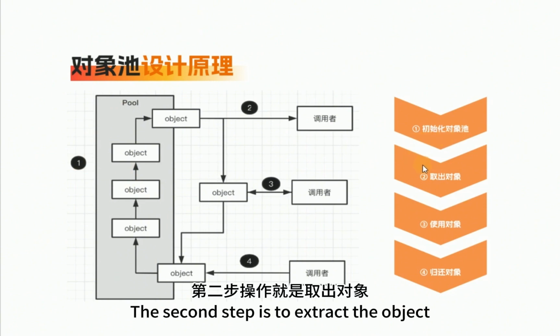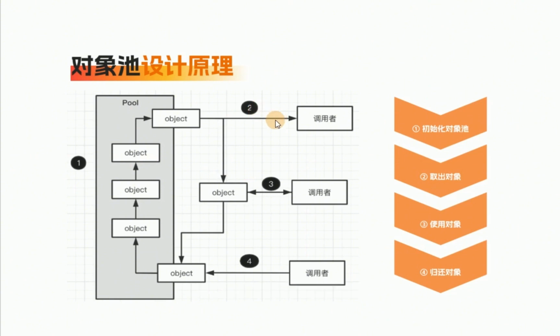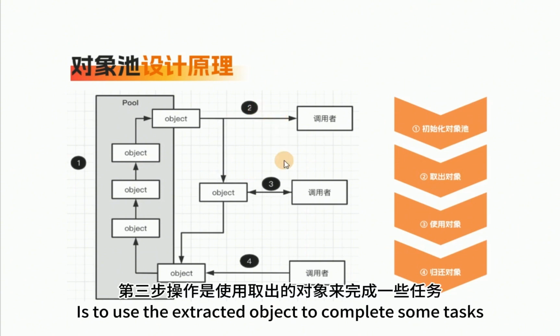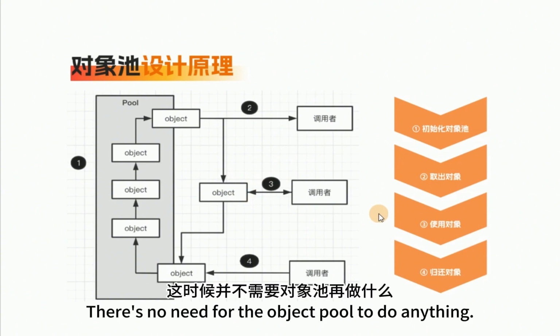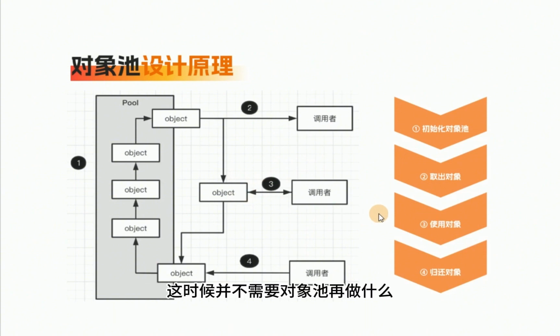The second step is to extract the object. The third step is to use the extracted object to complete some tasks. There's no need for the object pool to do anything.